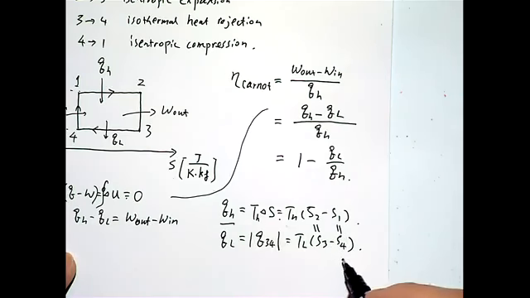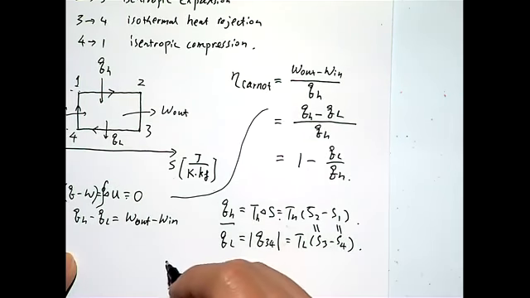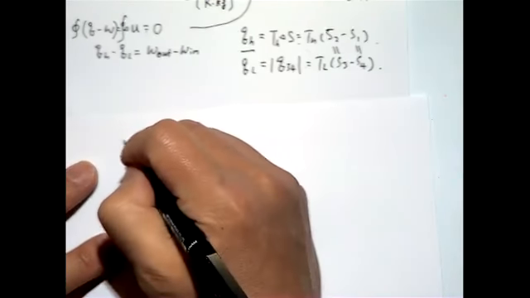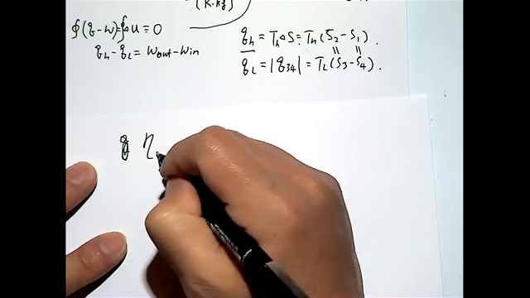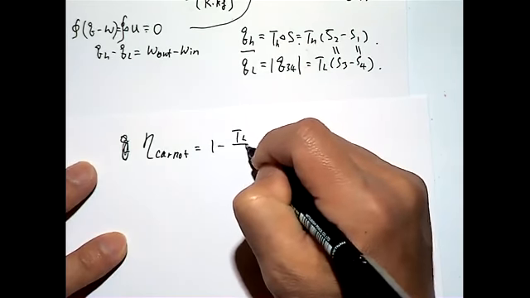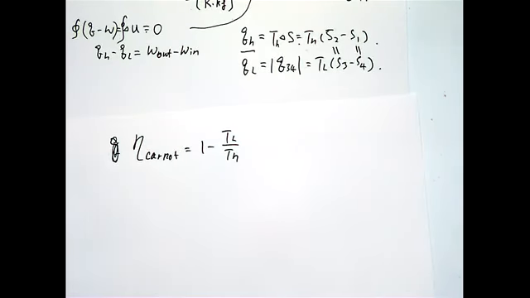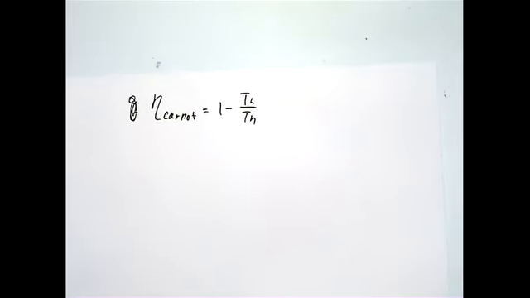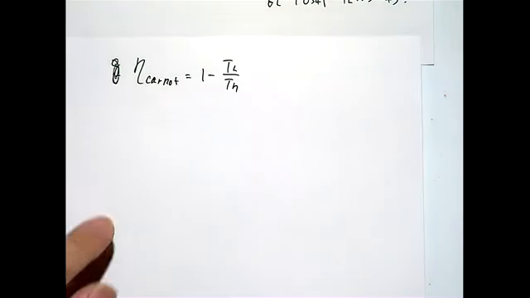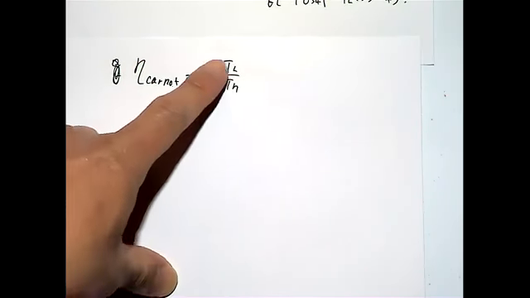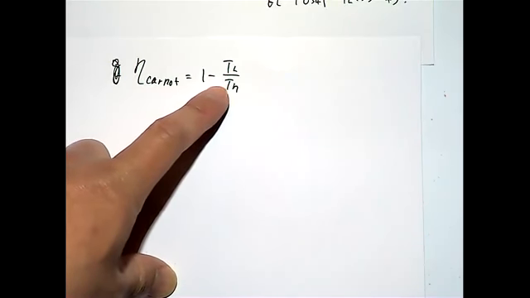So if we bring this relation back to here, we can find that the Carnot cycle efficiency can be written as 1 minus TL divided by TH. That's a more straightforward way to understand things. This is saying that for the Carnot cycle, the theoretical efficiency for a heat engine is limited by the temperature ratio of the cold reservoir versus the hot reservoir.